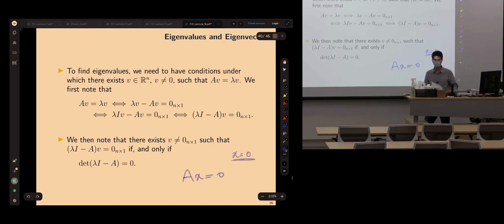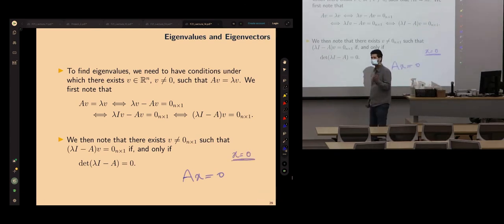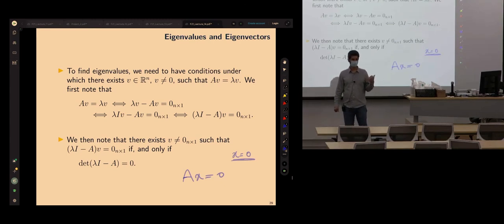The only way we could find other solutions was when the determinant of A, a square matrix, was 0. That means the columns were linearly dependent.